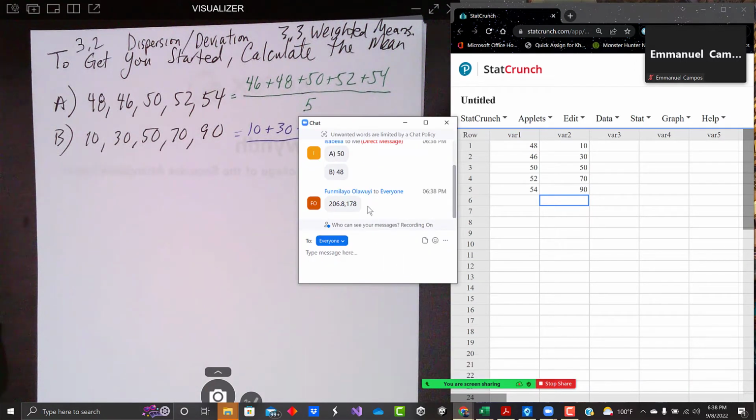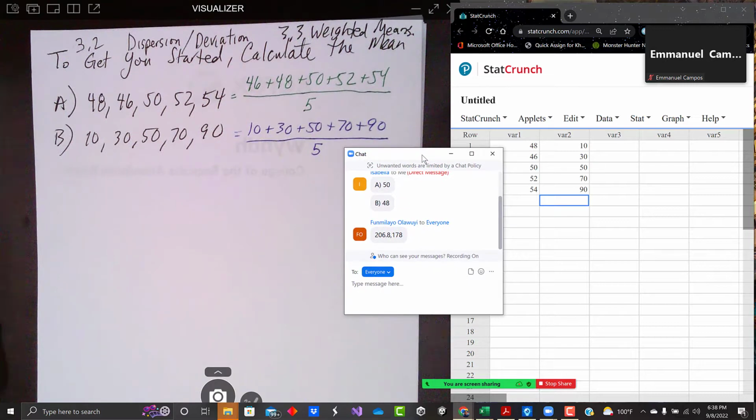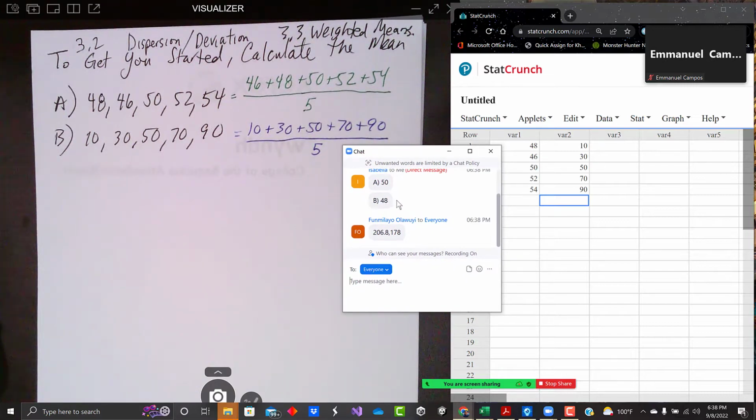What else we get? Something happened on B, Isabella. You might have hit divide by 5 before you hit enter. And I know from Malayo you did.